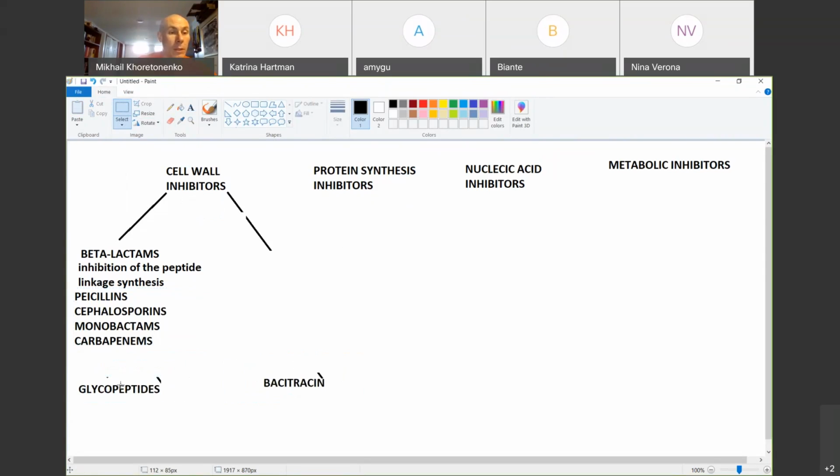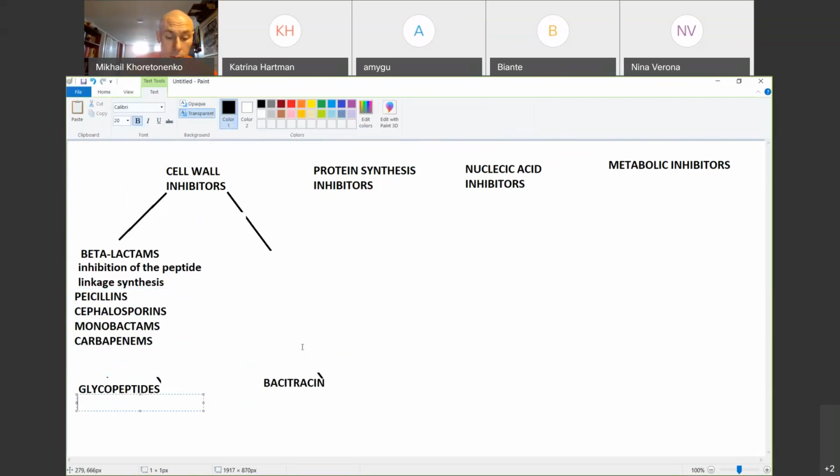Now, what is the mechanism for glycopeptides? It inhibits the peptide linkage synthesis and cell wall synthesis. Good.